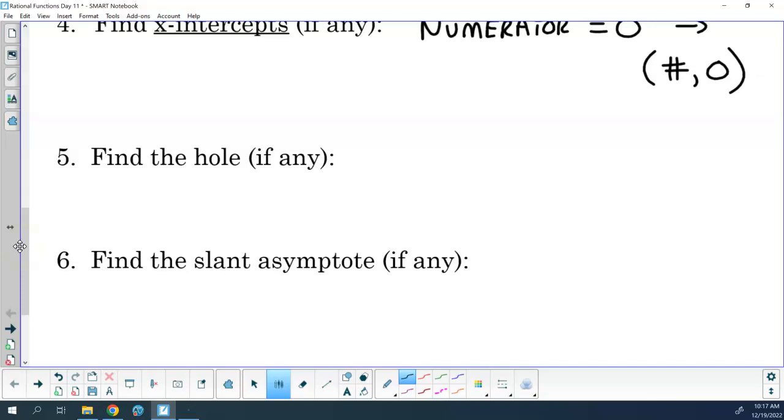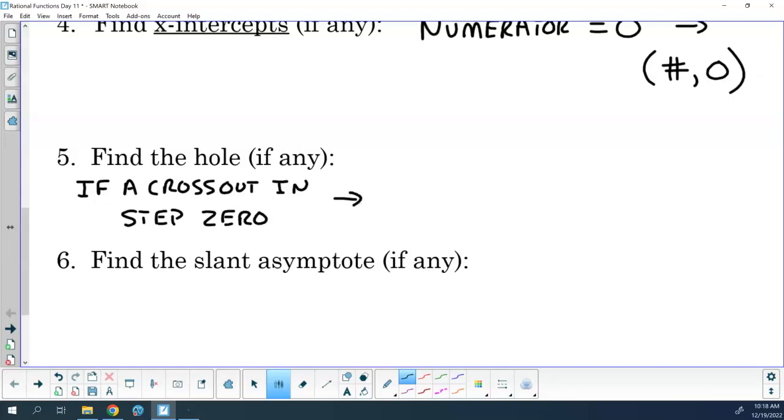How do we find the hole? So if we factored something out in step 0, then what?